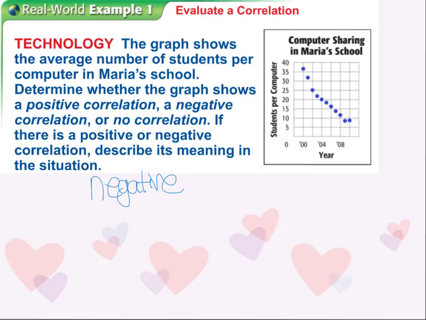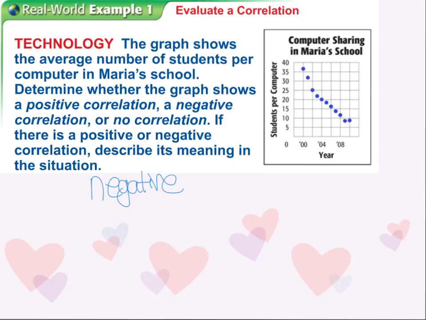So let's describe what it means. It means as the x values increase, so notice as our years increase here, what's happening to our students per computer? It is decreasing.